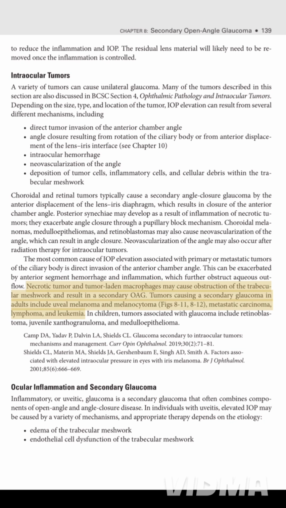Tumors causing a secondary glaucoma in adults include uveal melanoma and melanocytoma, Figs 8-11, 8-12, metastatic carcinoma, lymphoma, and leukemia. In children, tumors associated with glaucoma include retinoblastoma, juvenile xanthogranuloma, and medulloepithelioma.